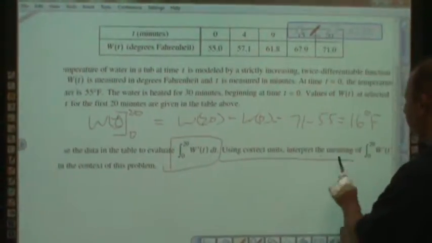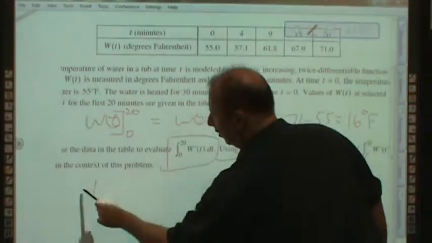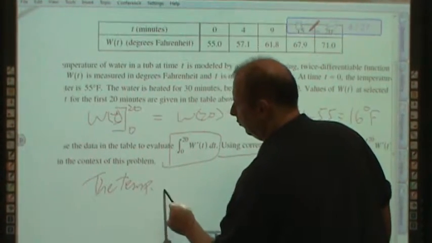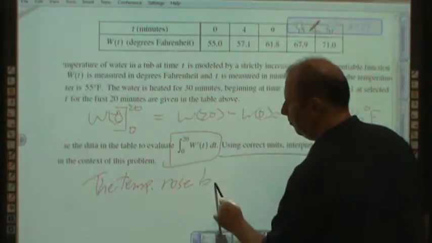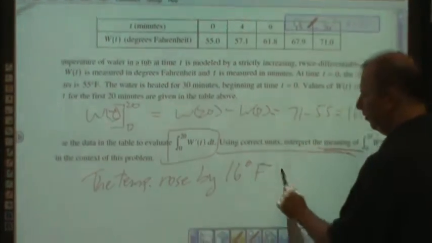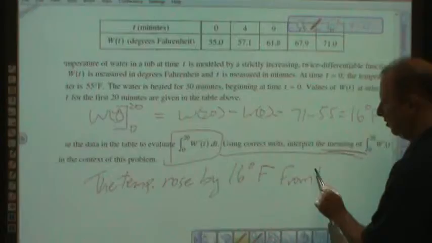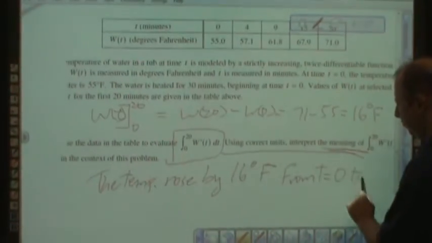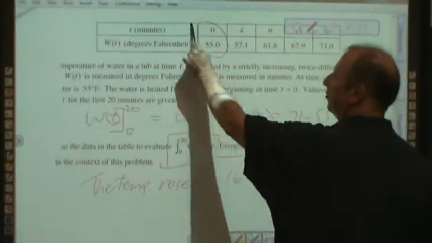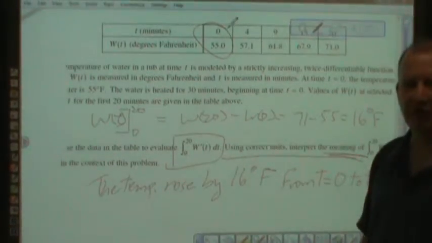So interpret the meaning. The temperature rose by 16 degrees Fahrenheit from t equals 0 to t equals 20. Don't forget, at t equals 0, the temperature was 55 degrees to start with.